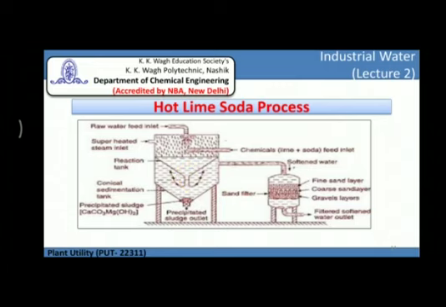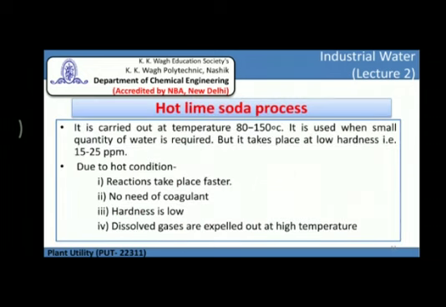This is the hot lime soda process. This hot lime soda process gives a hardness of 15 to 25 ppm. In this hot lime soda process, we are using the hot condition for the reaction to take place faster.